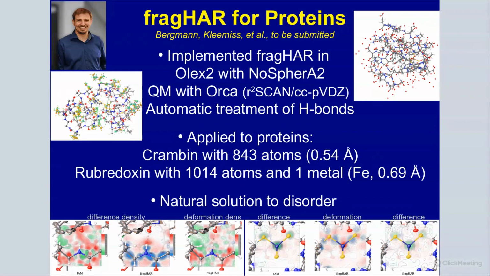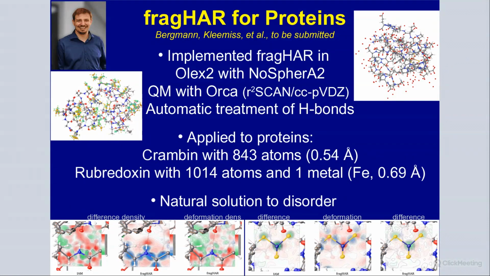And by doing this, we can do Frag-HAR calculations for entire proteins. So we have applied it to two proteins: crambin with 800 atoms at a very high resolution, and rubredoxin with more than 1,000 atoms and a metal site at a slightly lower resolution.